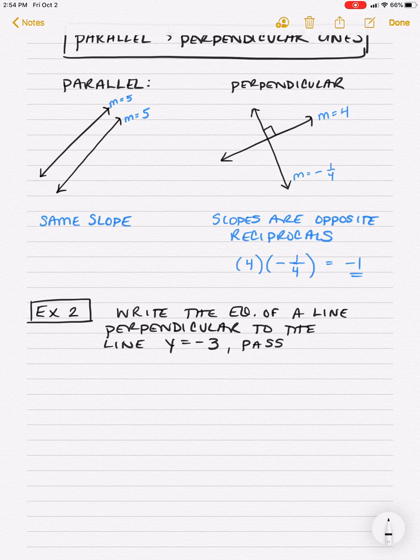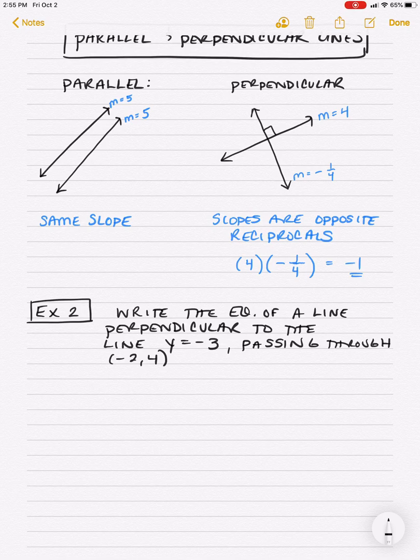And it's going to pass through, okay, passing through this given point, -2, 4. All right, take a second to write all of that down. I'm going to reread it here again for myself. We're going to write the equation of a line perpendicular to the line y equals -3, passing through -2, 4.